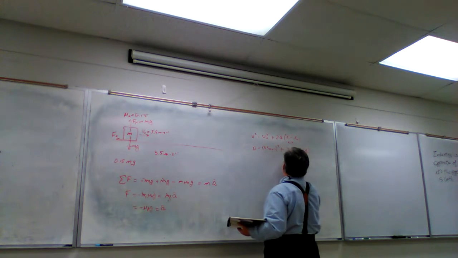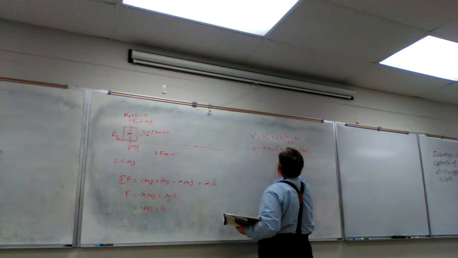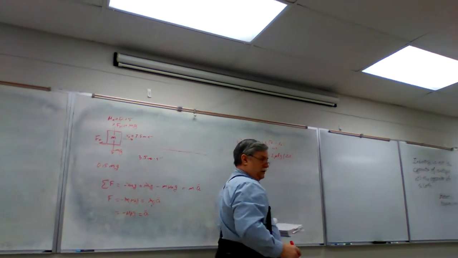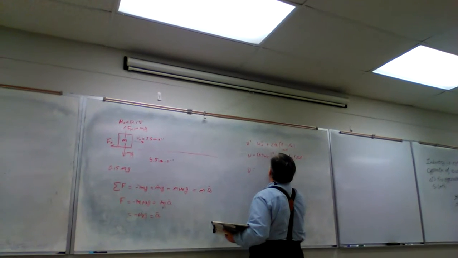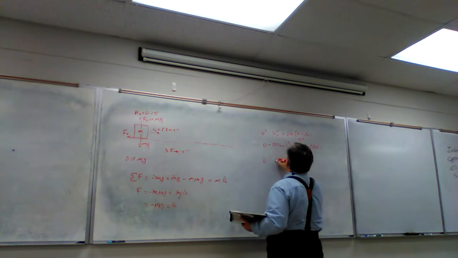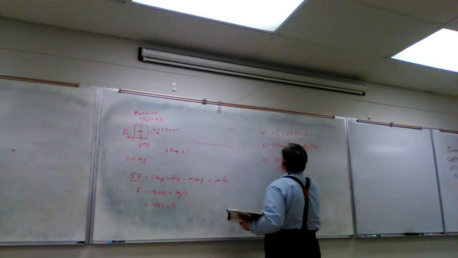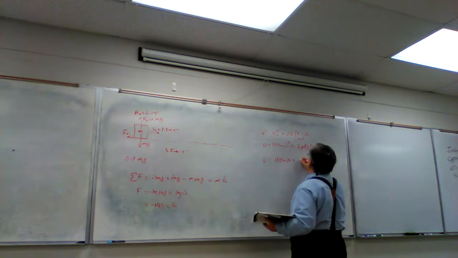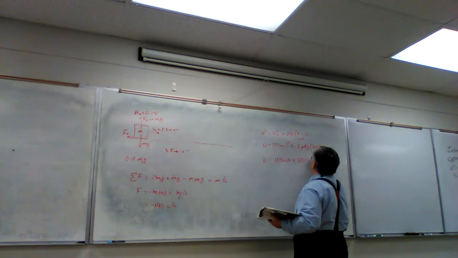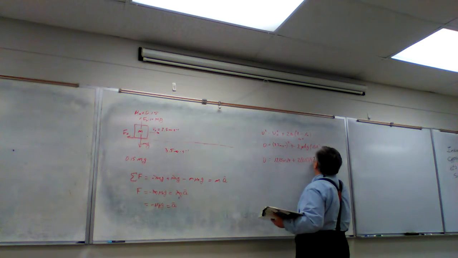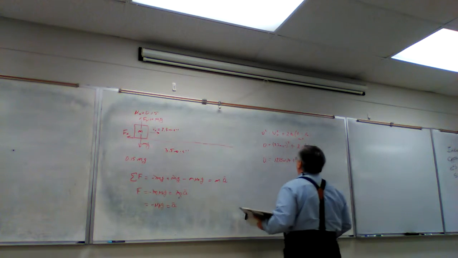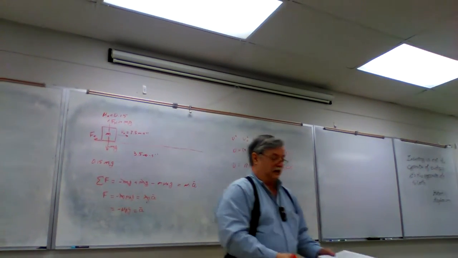Mu sub k is 0.15, so this becomes, somebody give me the 3.5 squared. 12.25 meters squared per second squared plus 2 times 0.15 times 9.8 meters per second squared times delta x. Now, how do we solve this?